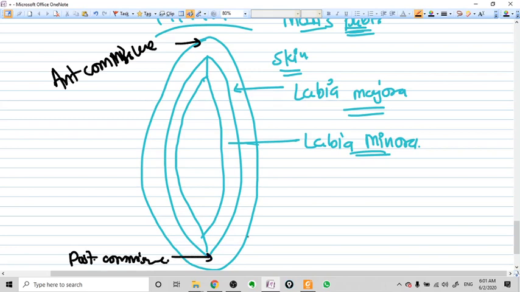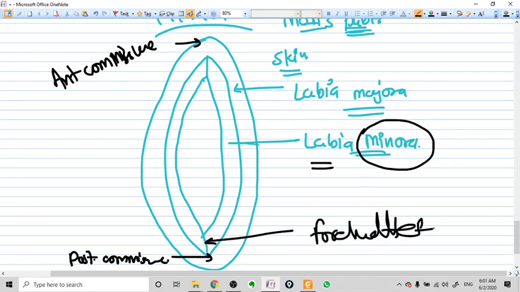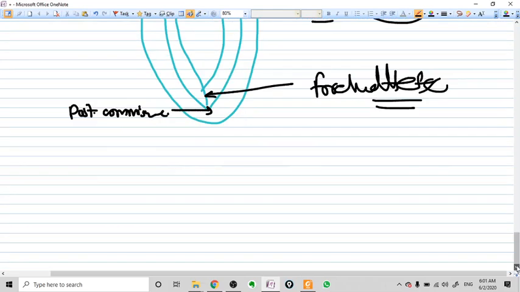It is easy to learn. Okay. Now, the labia minora posteriorly they join and make the fourchette, but anteriorly they just enclose one thing, that is the clitoris.